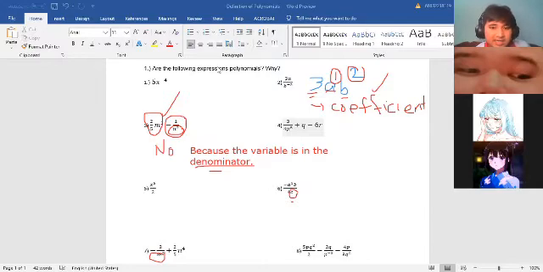Number 8, can I have Ponchita? Where's my Ponchita? Number 8, yes or no? No, because this one is polynomial, monomial. How about this? Is this a monomial? Negative 4p over 3q squared.